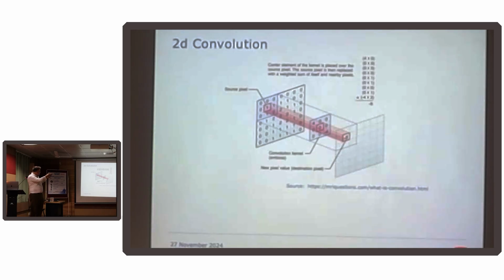We then move that along one and calculate the value. Move it along one more, calculate the value. Move it along one more, calculate the value. Move it along one more, calculate the value. Move it along one more, and calculate the value. So that will fill these 5 squares here.